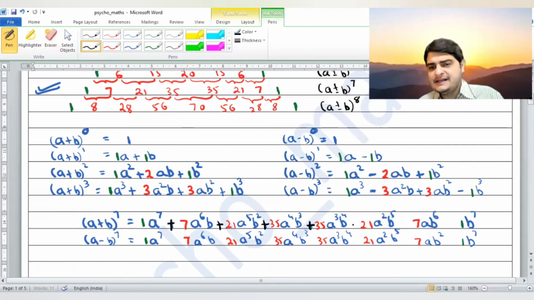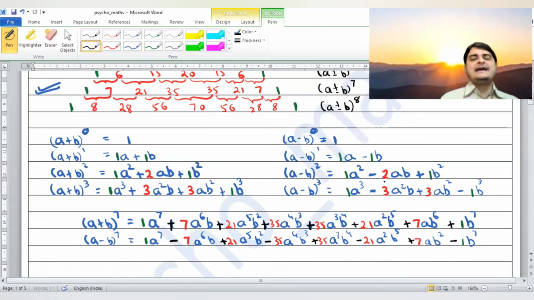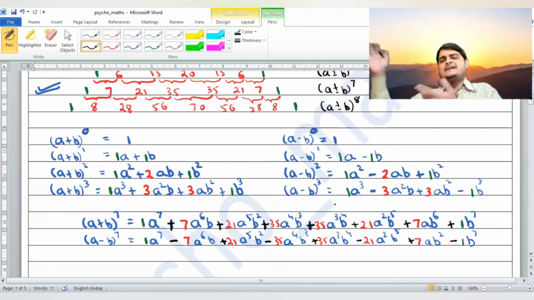Since there are too many digits and letters over here, since it's positive, all will be positive. But here, since it is negative, the first will be positive, negative, positive, negative, positive, negative, positive, and then again it is negative. So just start with the first one. Whenever the middle term sign is minus, just start with the first term as positive, then negative, and wherever it ends doesn't matter.